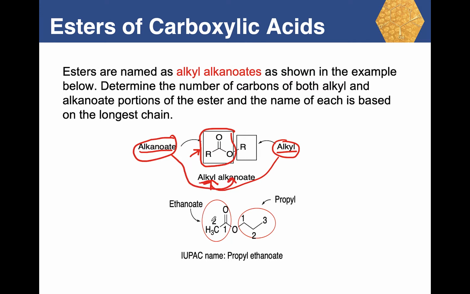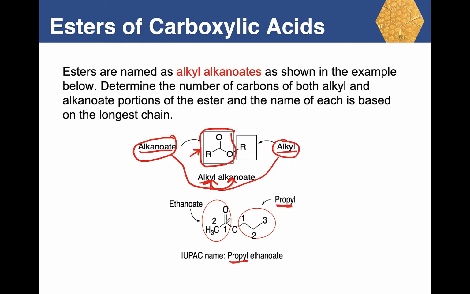So here's an example. Here are the two groups. The oxygen has 1, 2, 3. A propyl, 3 carbons, corresponds to propane. So that's a propyl. So that becomes propyl.